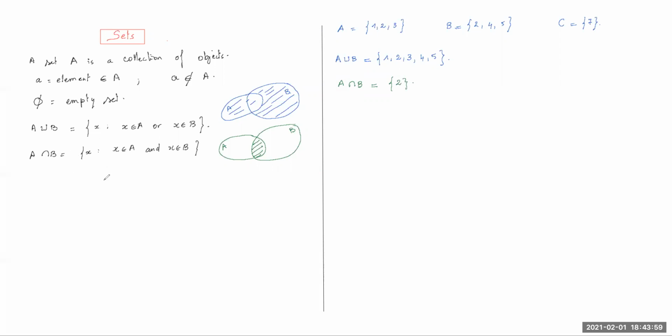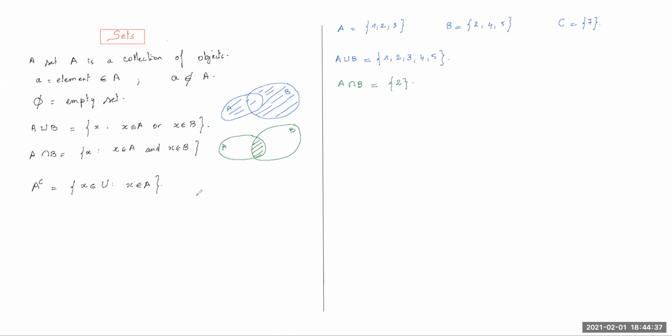Let's continue. We can also define the complementary. The complementary of A is the set of elements x such that A is in the bigger set U and x doesn't belong to A. So we complete by elements of the biggest space.